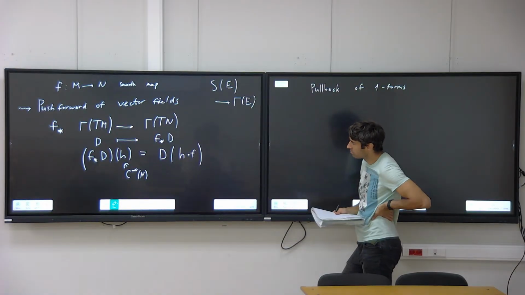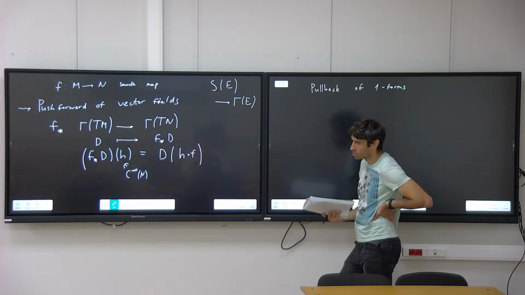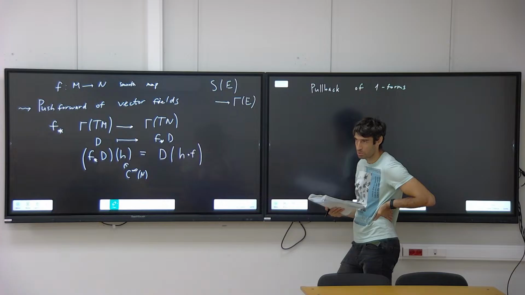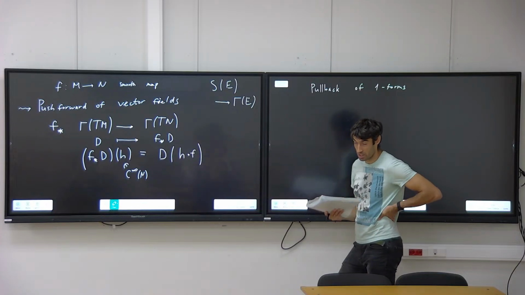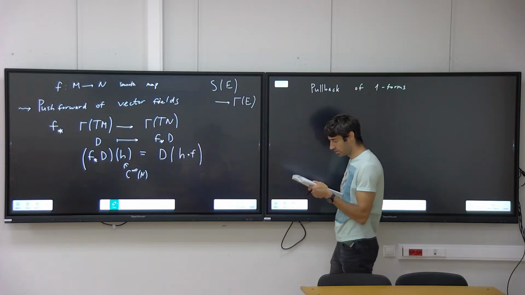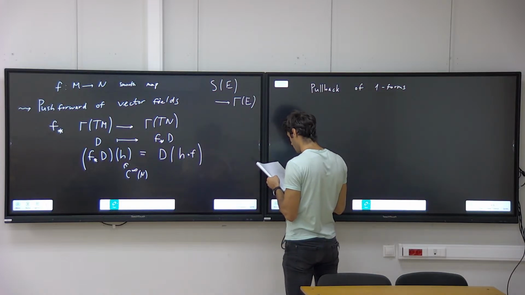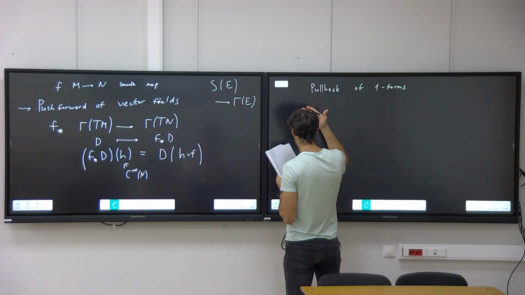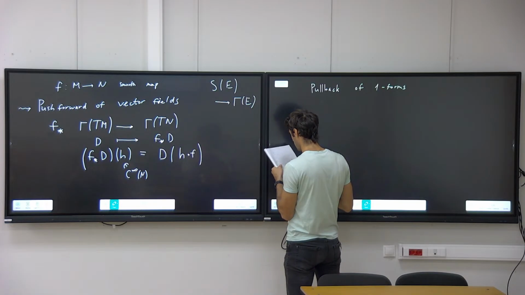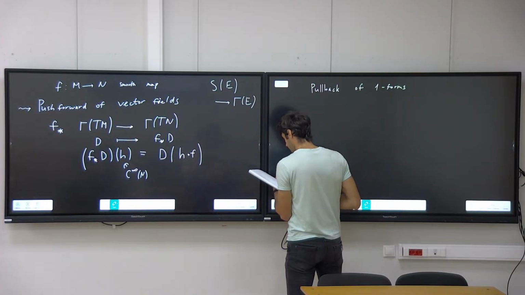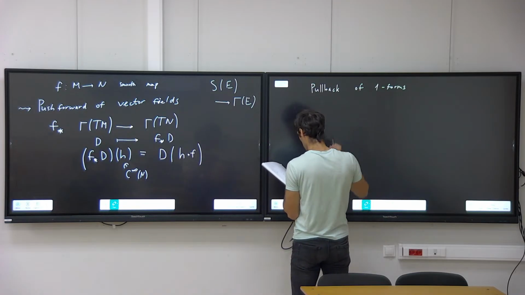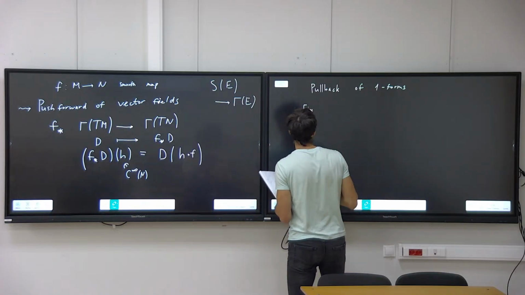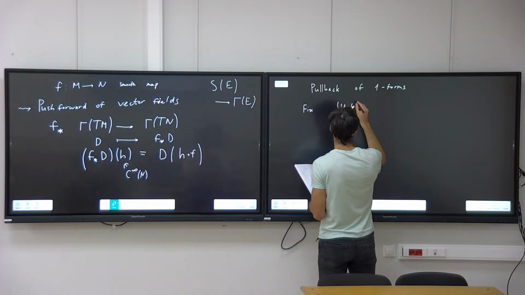I have some particular understanding of a section of a tangent bundle, so I want some particular understanding of a section of the cotangent bundle, at least locally. For that, I would like to introduce some basis for one-forms, at least locally. So let me fix some smooth chart.